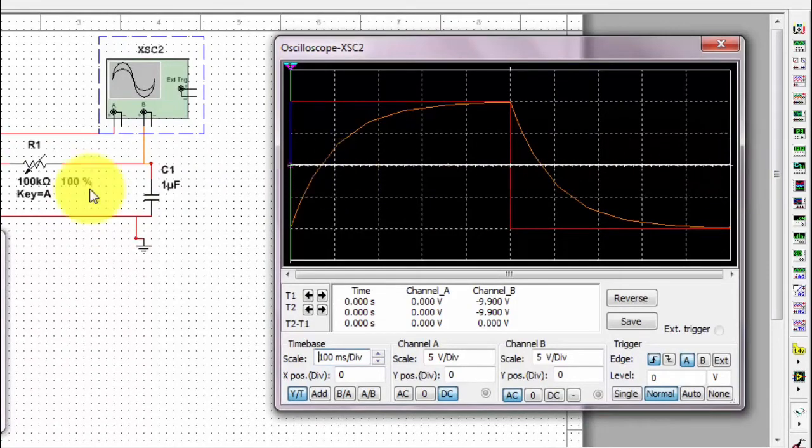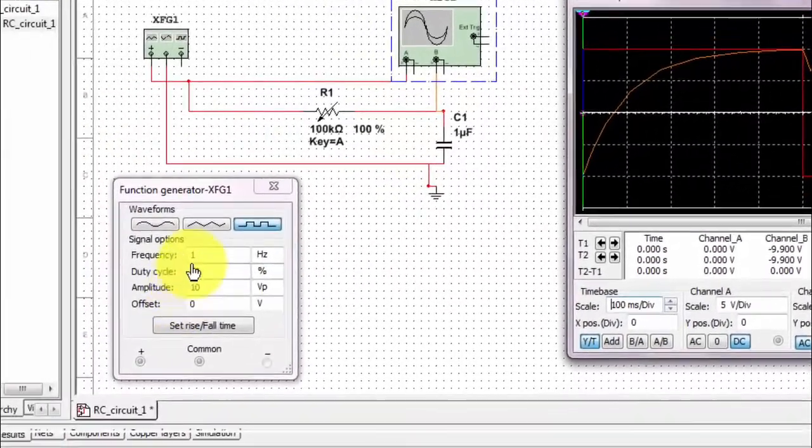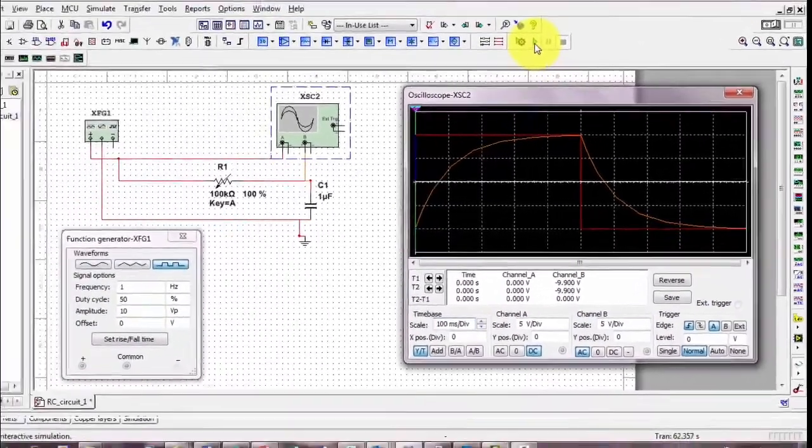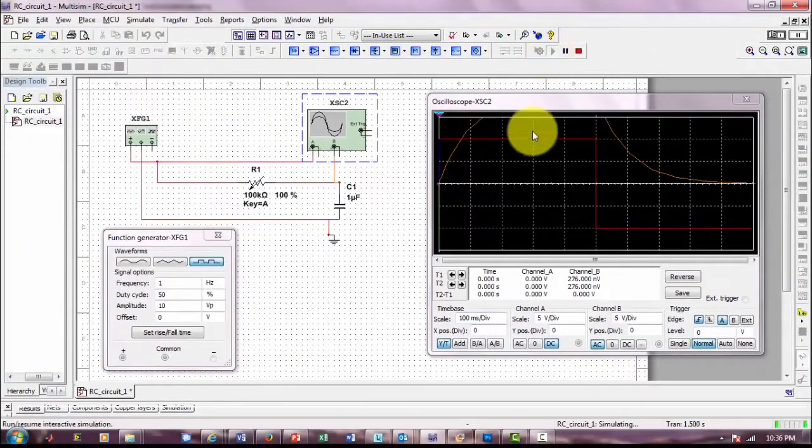This is 1 second, since this has a frequency of 1 Hertz, and 1 over the frequency gives us a time period of 1 second. So let's run this simulation. It's going to take time. Let the computational algorithms take over. And we can see that it's charging and discharging.